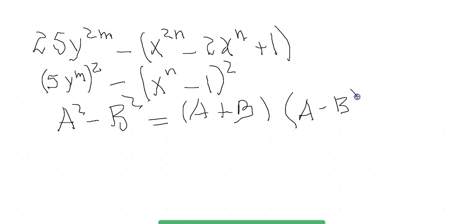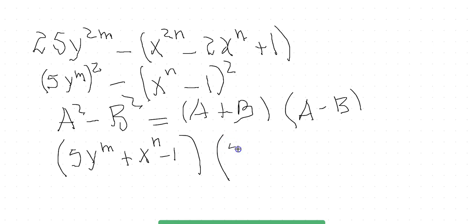It's easy. So I'm going to have a plus b, which is going to be 5y to the power of m plus x to the power of n minus 1. That's my a plus b. What about a minus b?